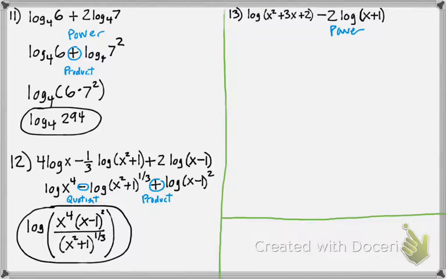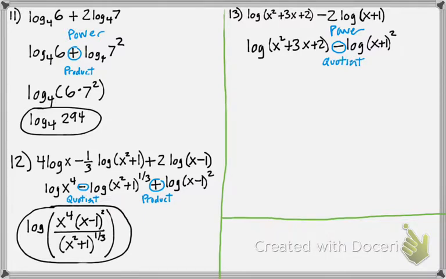So this is going to be log of x squared plus 3x plus 2 minus log of x plus 1 raised to the 2. And then I want to use the quotient rule because of this subtraction sign. So that means I want to use the quotient rule.